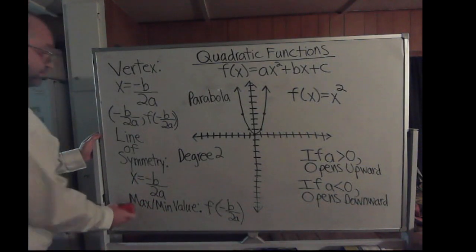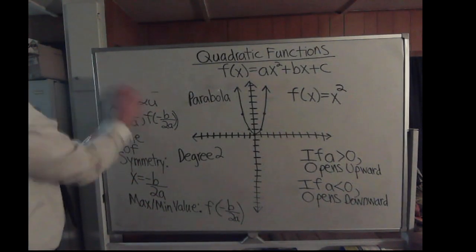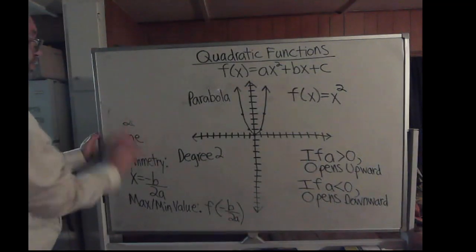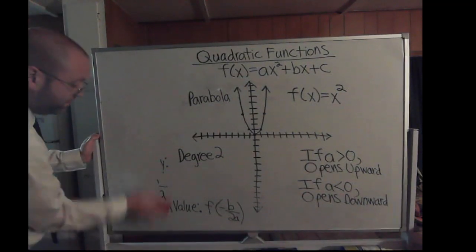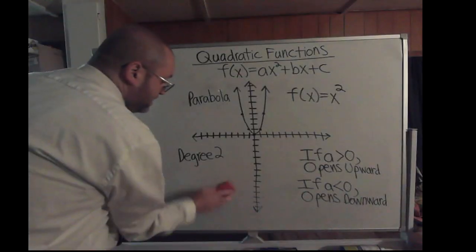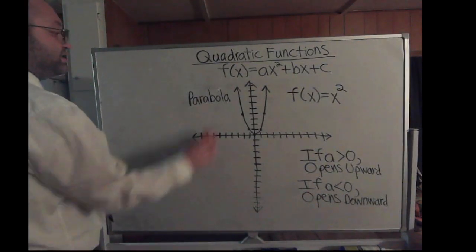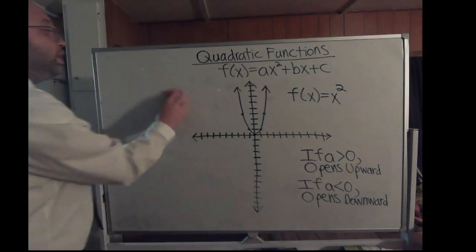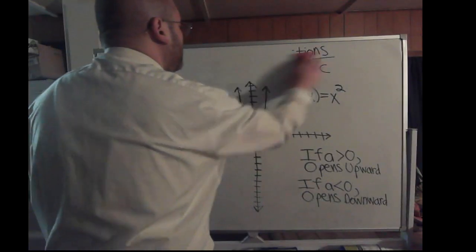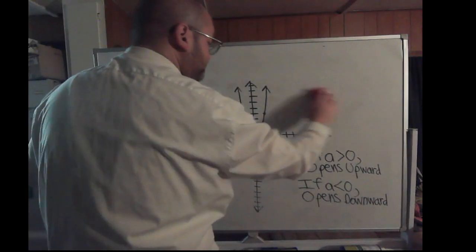So we're going to get started here with some examples, and I'll walk you through it. I know this was a lot to take in at first. As I warned in the previous lesson, quadratic functions are quite a bit more to deal with.